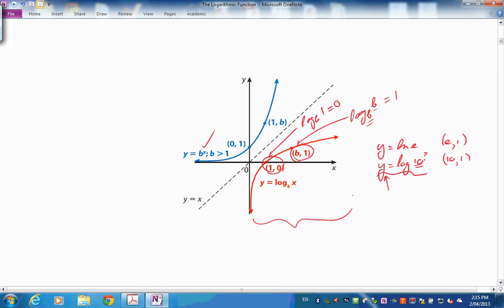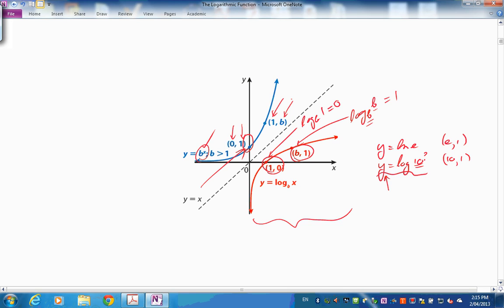Now you might like to also think, well, hang on, that's interesting, because on the exponential function b to the x, b to the 0 always comes to 1. All the exponentials go through this point. It's also true that when x is 1 in the exponential function, b to the 1 is b. What do you think?